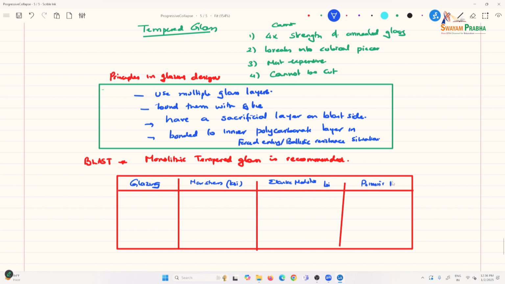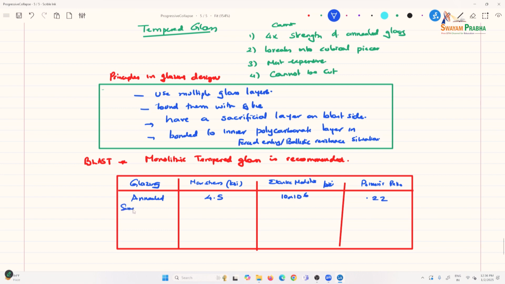I have mentioned the Poisson's ratio because it is important when you use finite element analysis for glass design. So, annealed is in the range of 4.5 KSI. The elastic modulus is 10 into 10 to the power 6 PSI, and Poisson's ratio is 0.22.